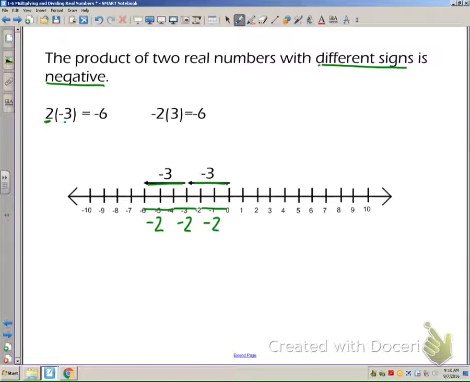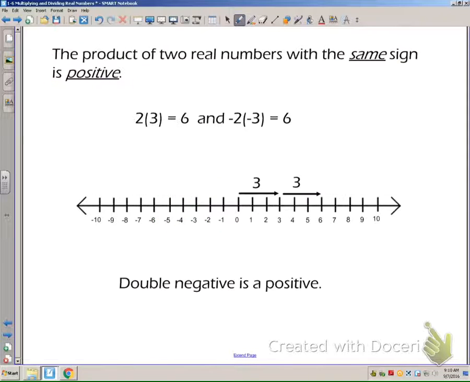If you think back to the little song that we were singing in class yesterday, it said multiply or divide, it's an easy thought. Same signs are positive, different signs are not. So if same signs are positive and different signs are not positive, that means they are negative.